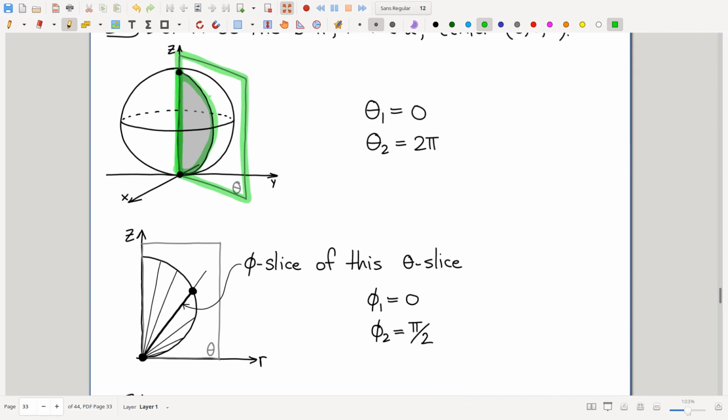The problem is the way I'm looking at it right now, I'm looking from an angle, so it's kind of distorted. That right there I know is a right angle in 3-space, but it doesn't look like a right angle on the page.